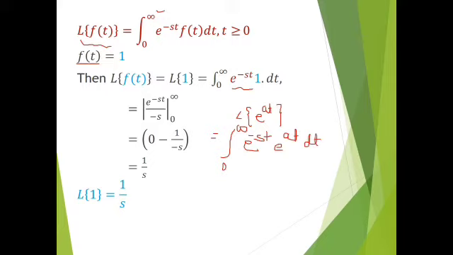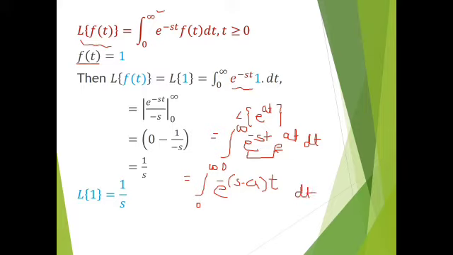As we see here, both bases are similar. So we simplify this expression as integral from 0 to infinity of e to the power, taking out the minus sign, minus of s minus a, t dt.